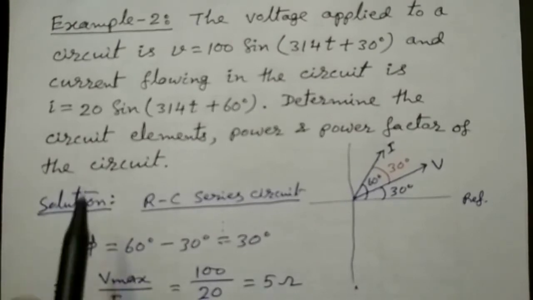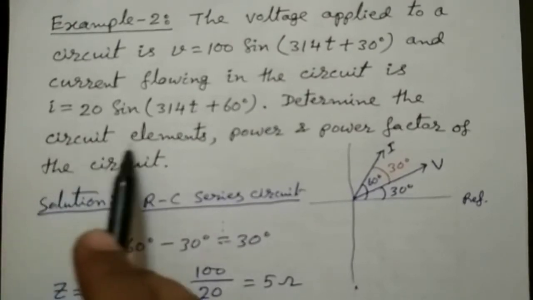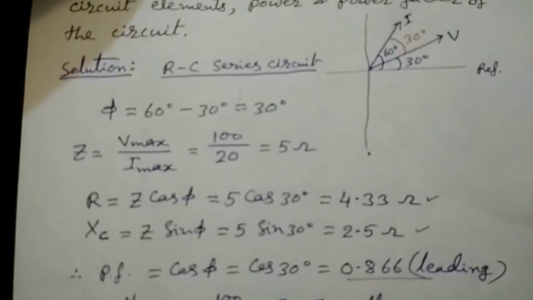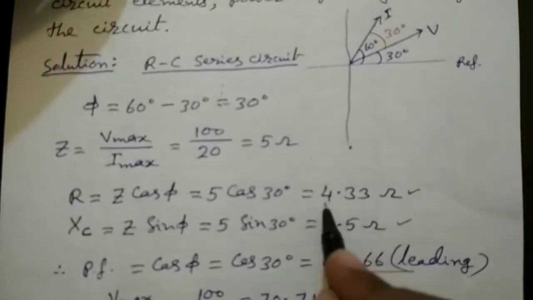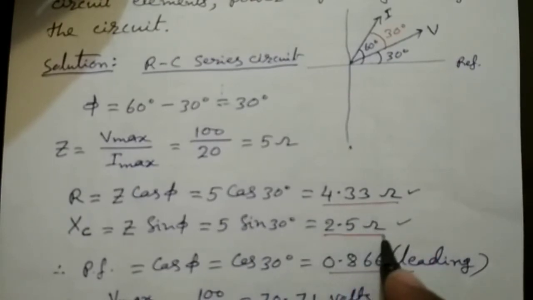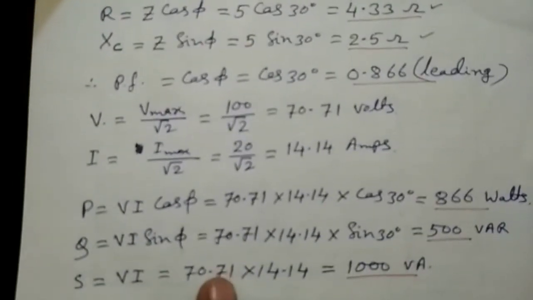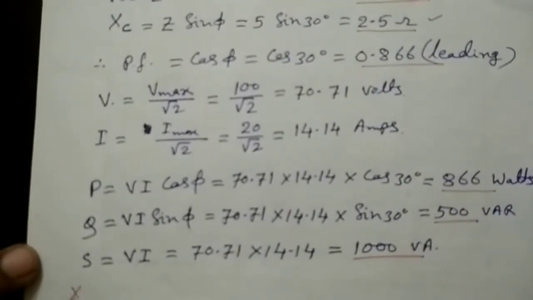In this question, it has been asked to find the circuit elements. Here I have calculated the resistance, that is 4.33 ohms, and the capacitive reactance, that is 2.5 ohms. Now find the value of capacitance from the capacitive reactance. As we know that the Xc can be written as 1 upon omega C, and here the value is 2.5.